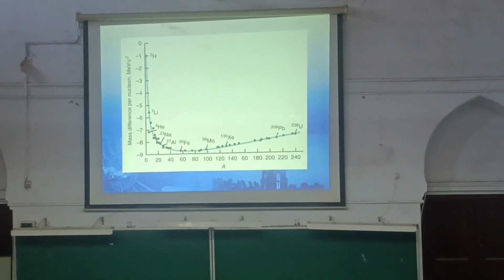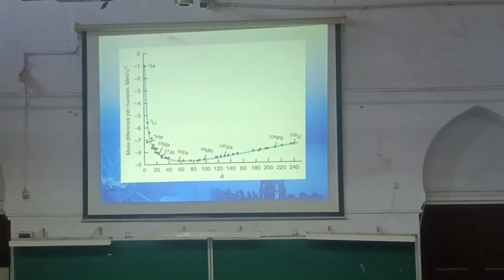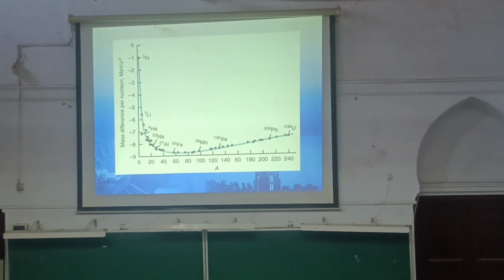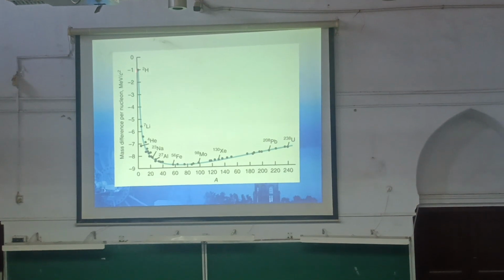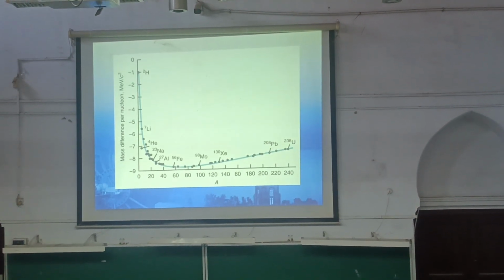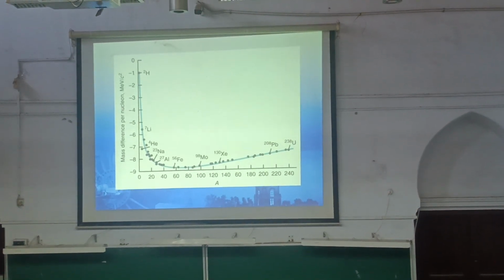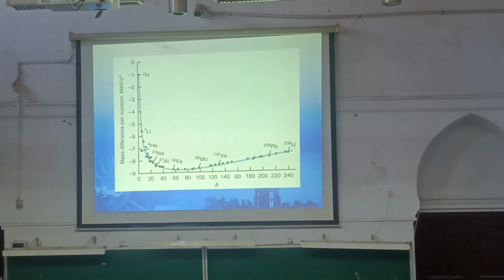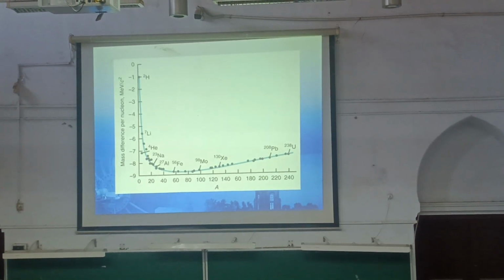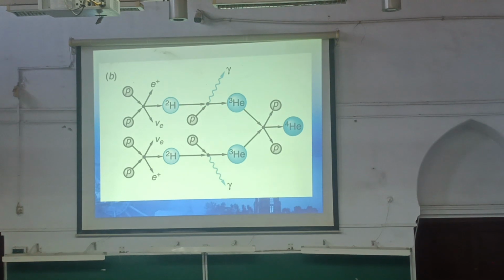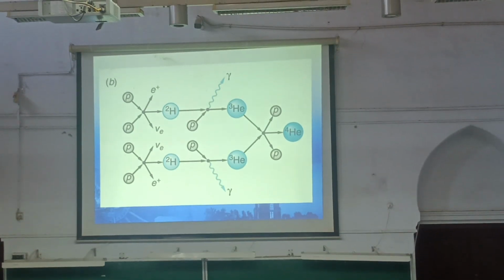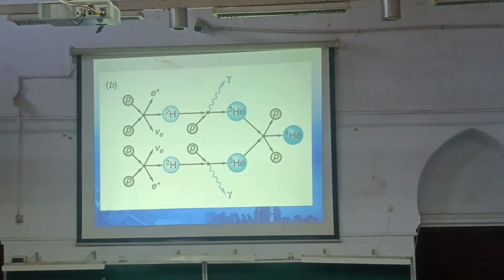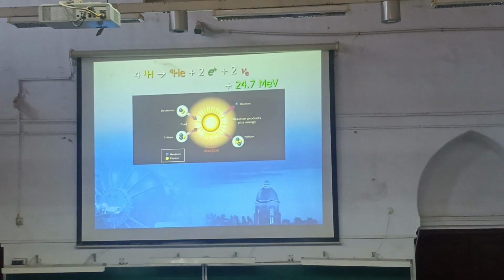From here you came. You can already see that it's going in a certain way. Now look at this way. How sharp it goes. So you immediately know that fusion has much more energy. So this is the same process we talked about. 4 protons becoming an alpha particle.